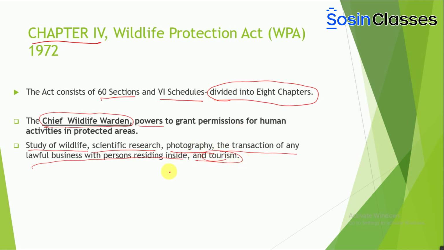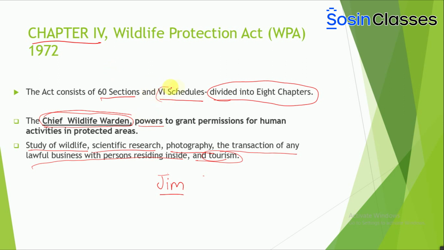For example, at Jim Corbett National Park in Uttarakhand, we can see a lot of tourism, like safaris and other tourist attractions present in this national park. Such tourism and scientific research permissions are given by the Chief Wildlife Warden in the protected areas. Therefore, this plays an important role in understanding protected areas.